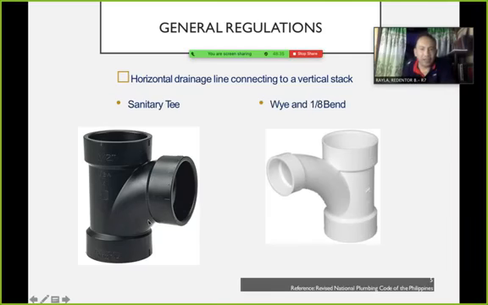You should have a sanitary T or a Y, this one, a YT with 1/8 bend. Not 1/4 but 1/8. So that is 360 divided by 8. How much is that? 45 degrees. So that's one Y and 1/8 bend.